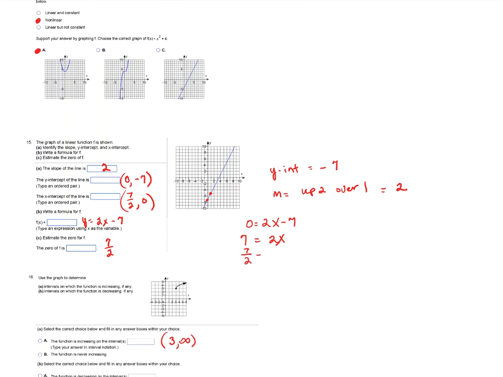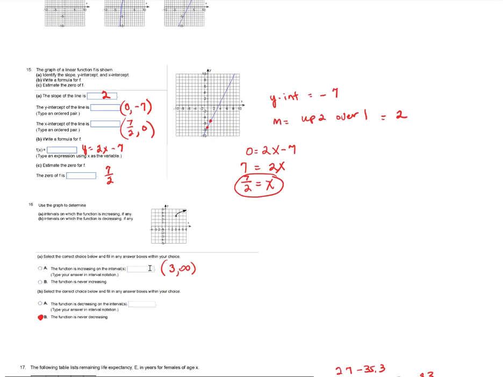That's going to give me my x-intercept. I write both of those as ordered pairs here. So y-intercept is (0, negative 7). X-intercept is (7 halves, 0). And the 0, which the other word for that is x-intercept or solution, that is 7 halves. So that's how we can get that.